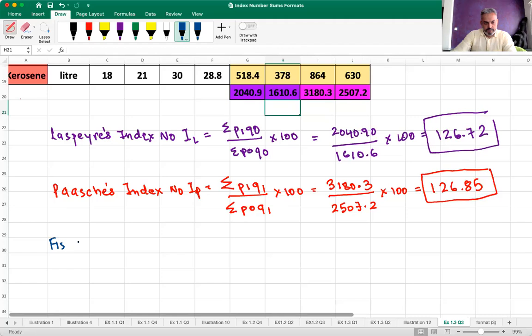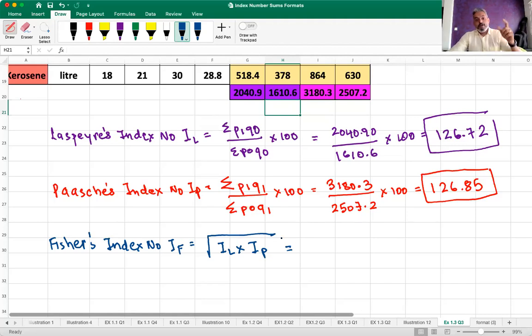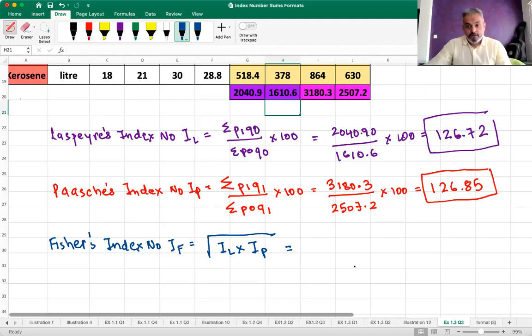And then Fisher's index number IF is equal to root of sigma P1... Directly we use it, no need to do this. Fisher was the smartest of all; he put both formulas under a root and claimed this is my ideal index number, and it really turned out so. Fisher's index number is the geometric mean of Laspeyre and Paasche. A very important objective MCQ question can come.